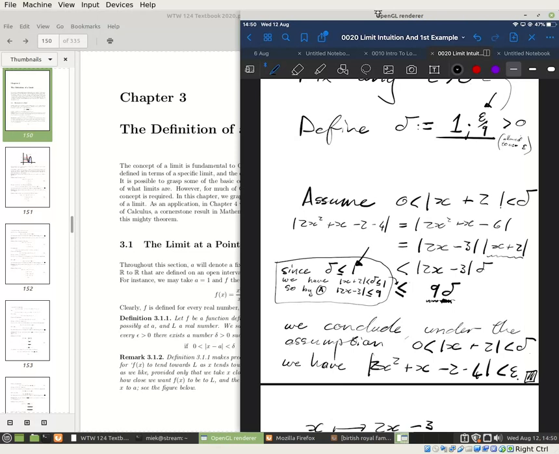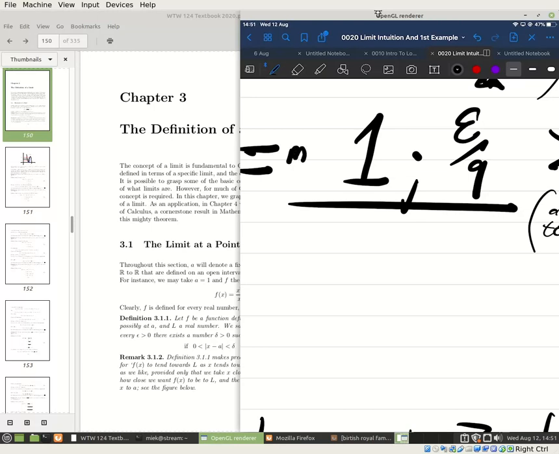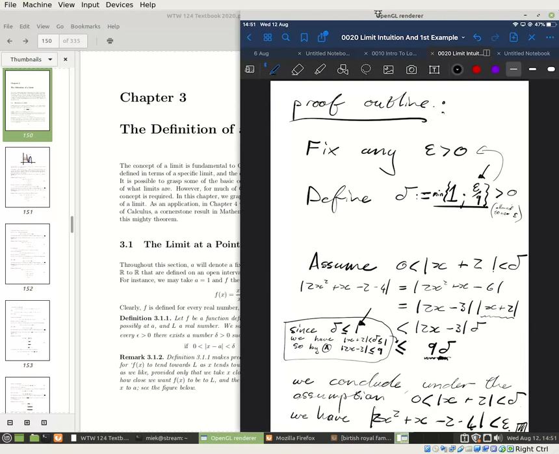So how will we force our delta to satisfy both of those conditions? We take the minimum, the smallest one of these two. We define delta to be the minimum of 1 and epsilon over 9.